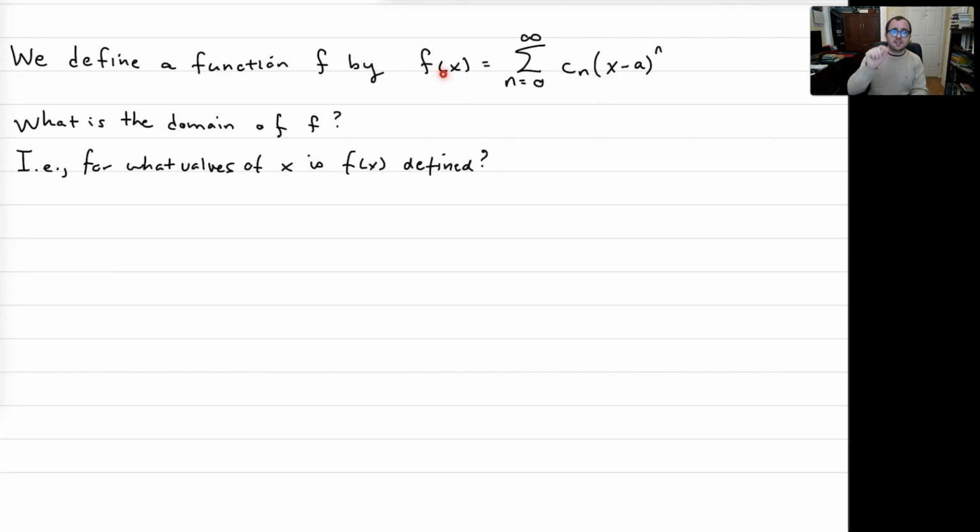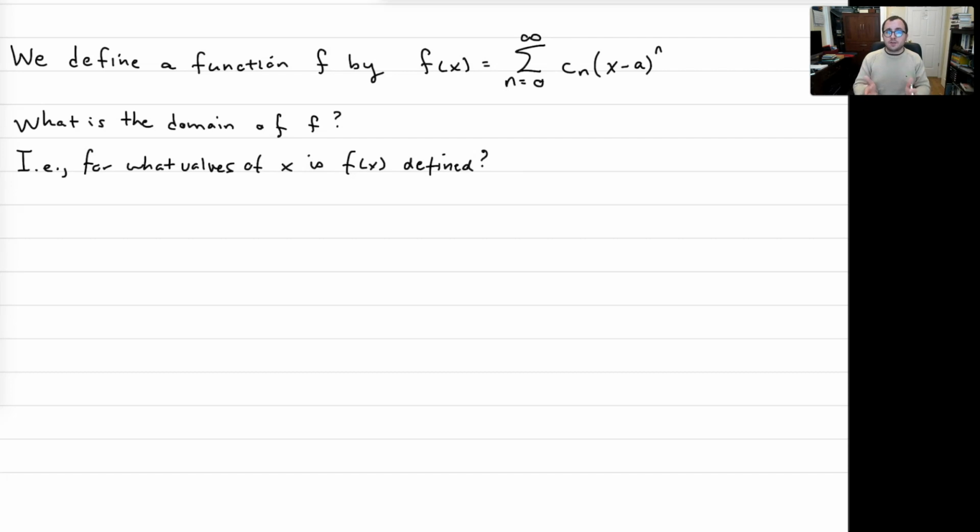Which values of x can I plug in to this series and get a value out? I.e., when is f of x a convergent series? For what values of x does f of x give a convergent series? The function will be defined when f of x is convergent and will not be defined when f of x is divergent.